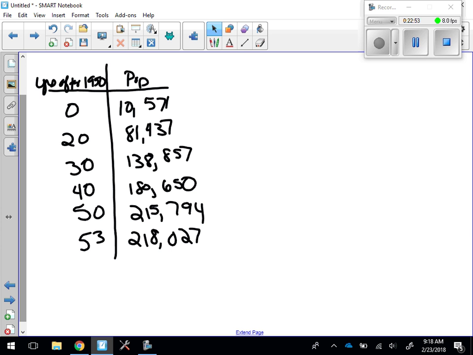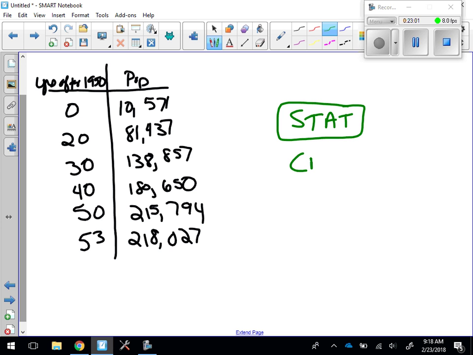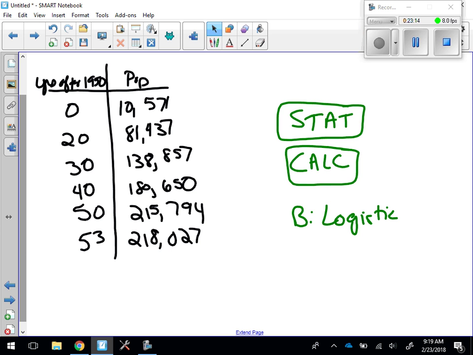And then if you've got your data in and you go to Stat and you choose Calc, in mine, if you go down to letter B, your option is logistic, and that's what you want to use. Pardon me? Store what?